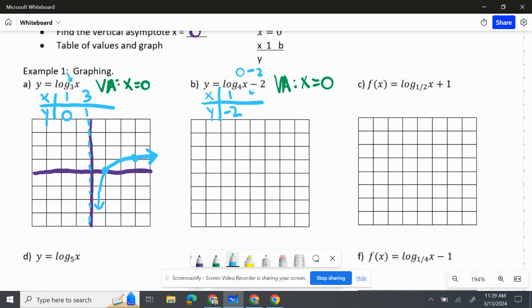Then we're going to pick 4 because our base number is 4. And when our base numbers are the same, it's going to be 1. So 1 minus 2 gives us negative 1. We have our vertical asymptote at 0. And then what we have is 1, negative 2, and 4, and negative 1.